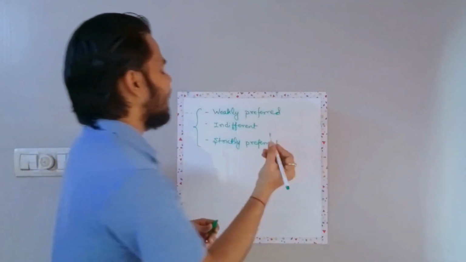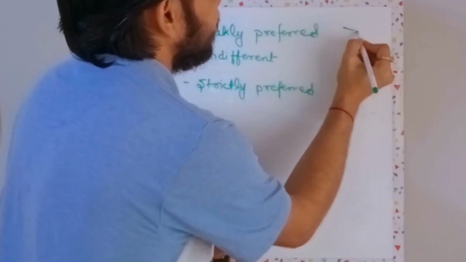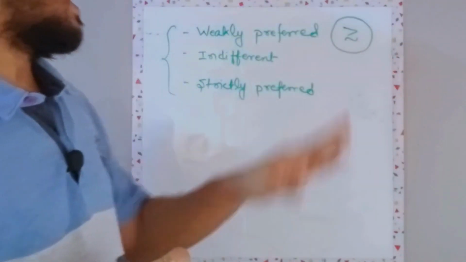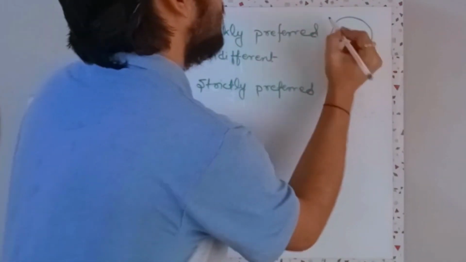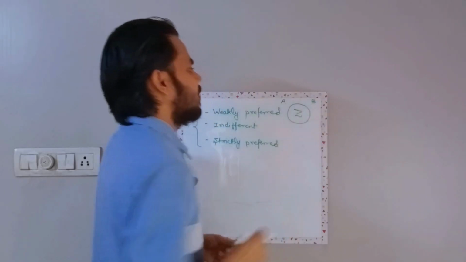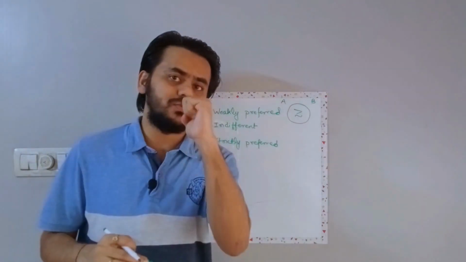So what we will write here is like this. Now, the meaning of this is essentially, if you talk about consumption bundle A and consumption bundle B, remember, a consumption bundle is a collection of goods.